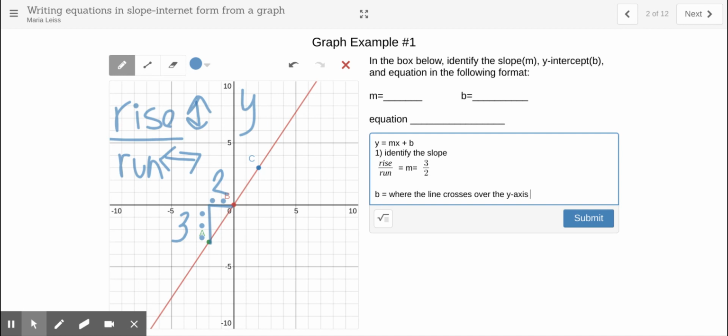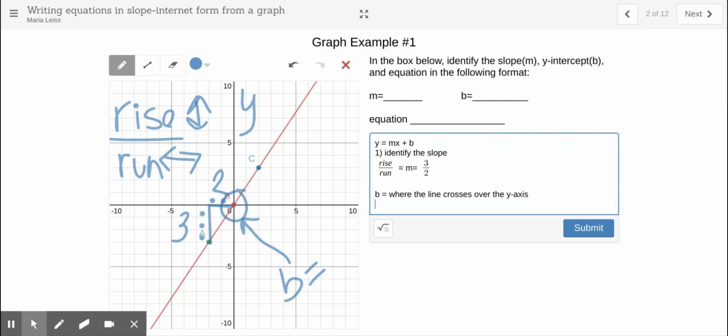So this is the y-axis. If I look at this red line right here and this y-axis right here, they meet up right there. This point right here is our B. The number that point is on the y-axis is what our y-intercept is. So in this situation, our y-intercept is 0 because that's at 0 on the y-axis.